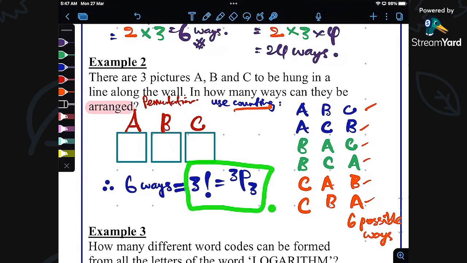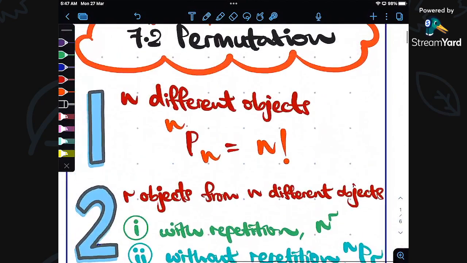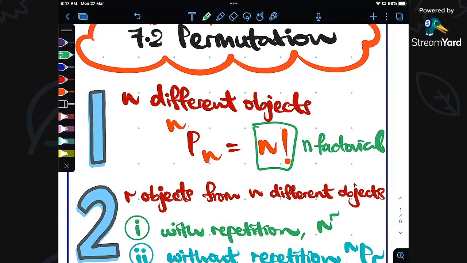And this is the first important technique in permutation, which is n different objects, and nPn is equal to n factorial. Remember, this thing is called n factorial, or nPn.